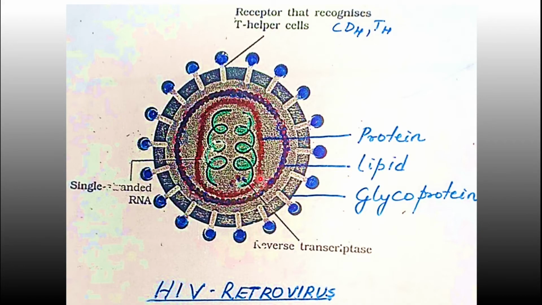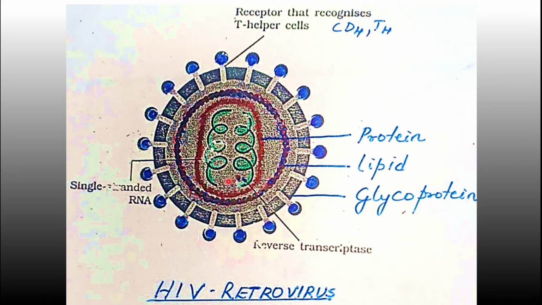This is how the virus looks like, very similar to the coronavirus that we are very familiar with. Now these two green color structures are the two single-stranded RNAs. They are single-stranded, and here you find the enzyme reverse transcriptase.